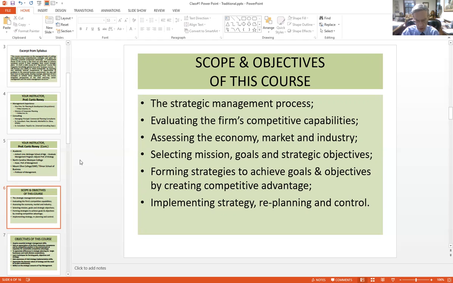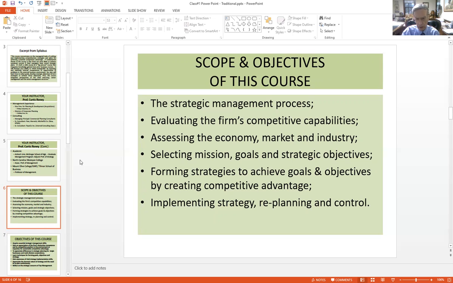So we take a look at the overall purpose of the firm and never lose sight of it because the mission is subject to change from time to time. And then get more specific with regard to standards for success or goals, and more specific objectives that our strategy is intended to accomplish.